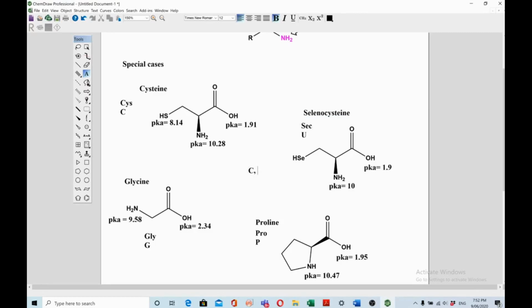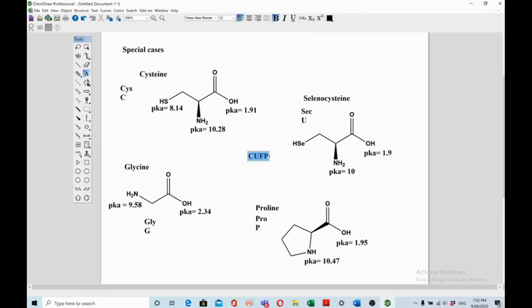So C, U, G, P. If you see these four letters connected in a biochemistry book, protein book, or research paper, these are amino acids written in one-letter code. To decode them: C stands for cysteine, U for selenocysteine, G is glycine, and P is for proline.